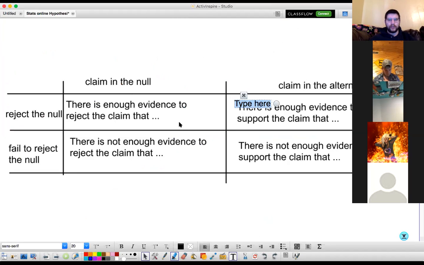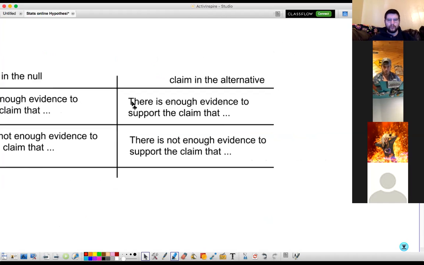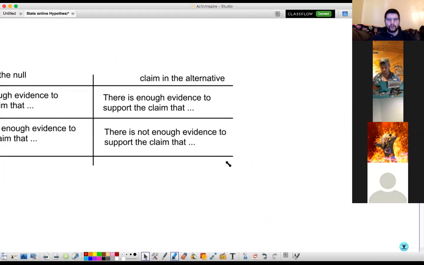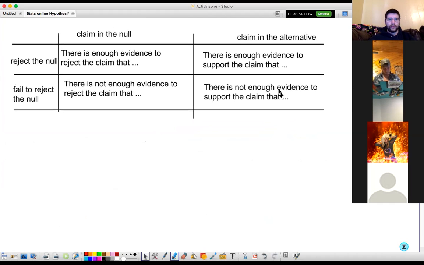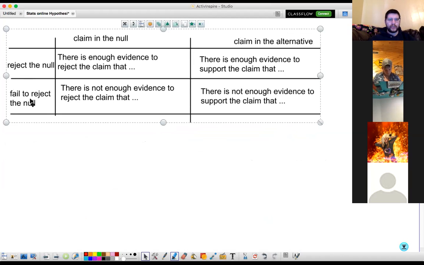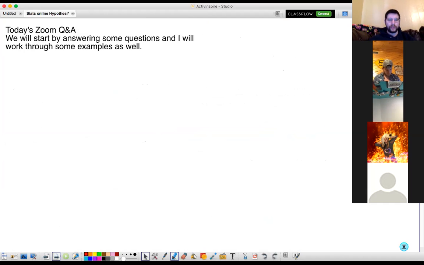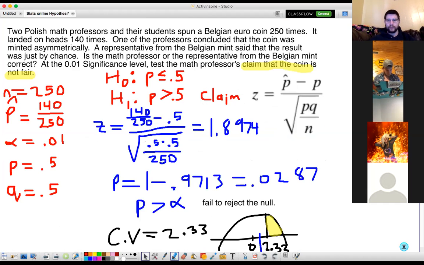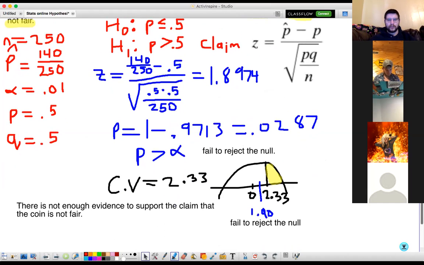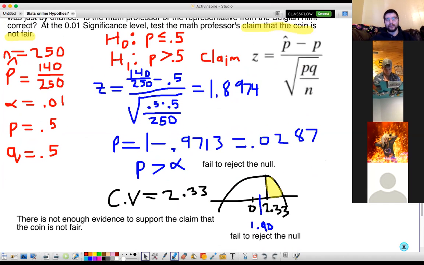If you don't know this chart, learn it. So we failed to reject the null and the claim was in the alternative, there is not enough evidence to support the claim, then write down what the claim is. So that was the entirety of this hypothesis test. Pausing for questions.